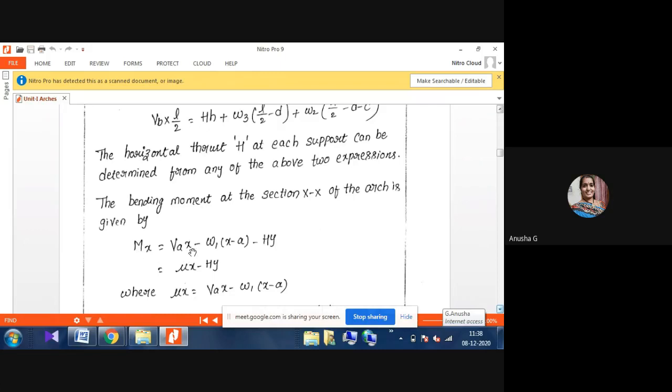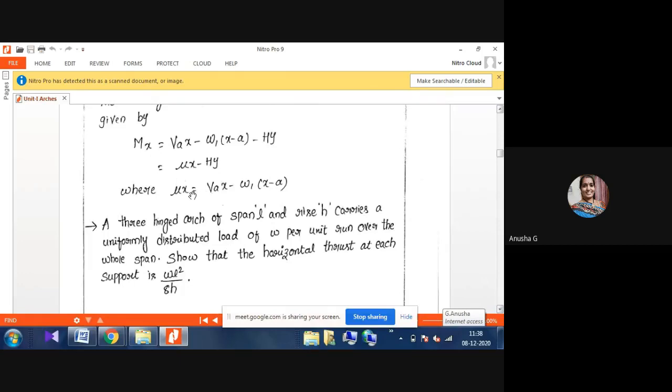Moment at x equals VA into x minus W1 into x minus A minus H into Y. Here VA into x and W1 into x minus A are the vertical loads, from bottom to top, and this is called mu x. The H into Y, the horizontal part, we keep the same. So Mx equals mu x minus Hy is our equation here.